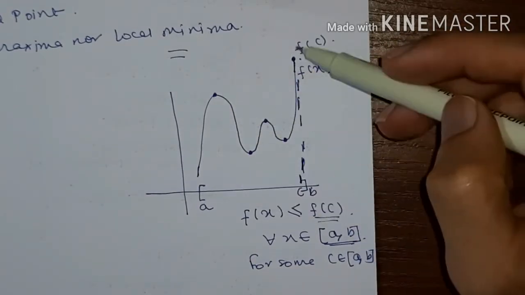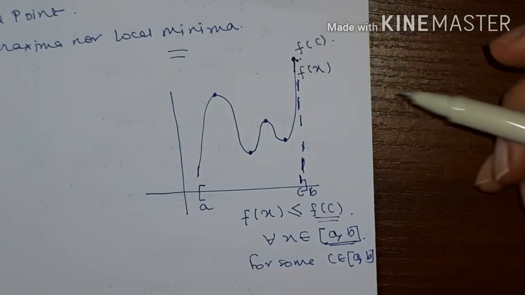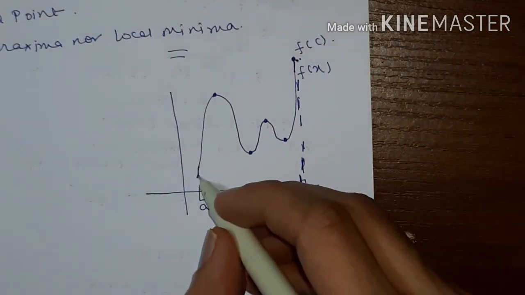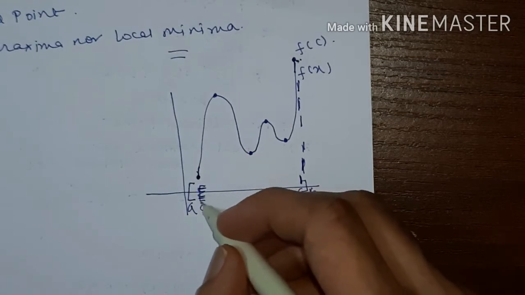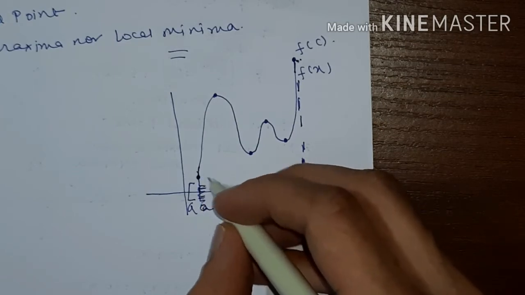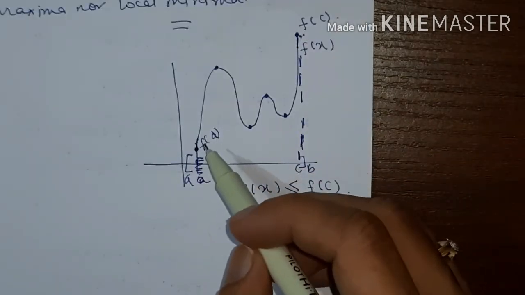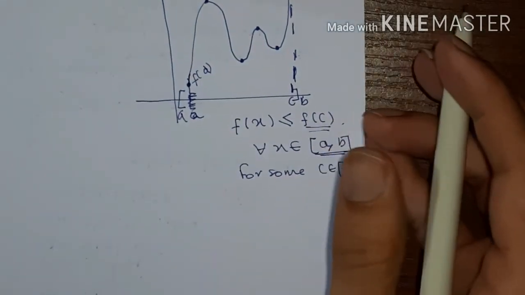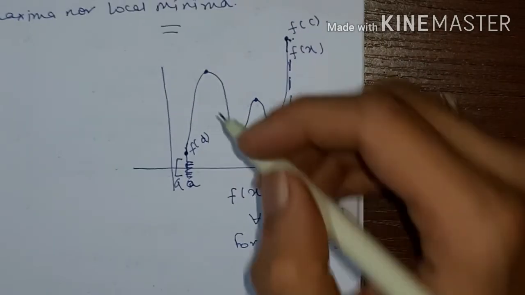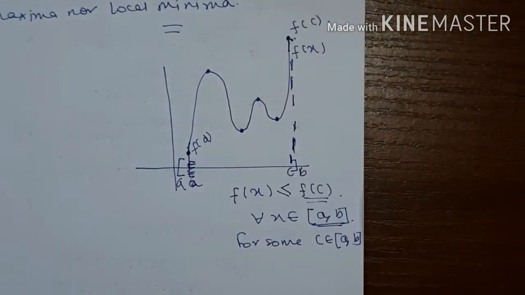And this value here, suppose we call it f(d), is the absolute minimum of the function. So in this graph, the absolute minimum value is here and the absolute maximum value is here.